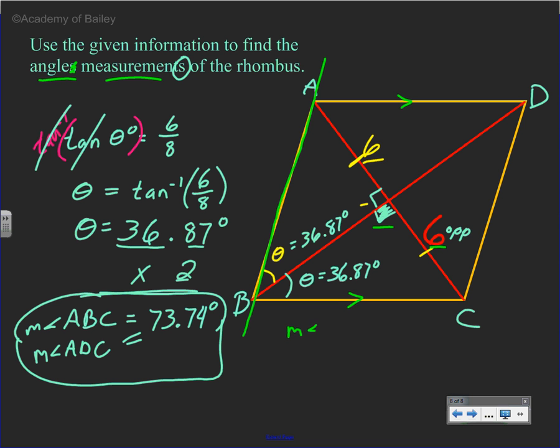So the measure of angle ABC plus the measure of angle BAD are same side interior angles, and so they must be supplementary. We've already calculated ABC to be 73.74.